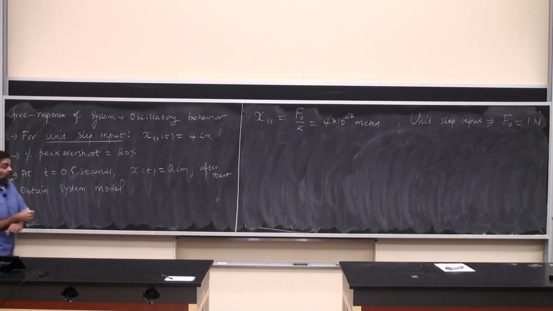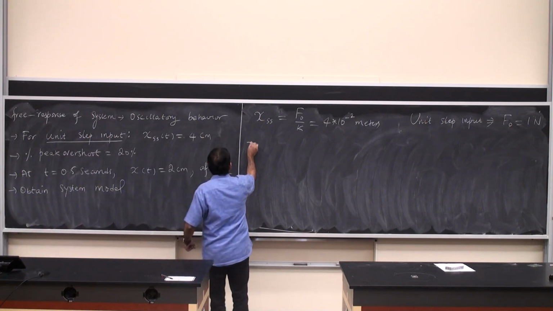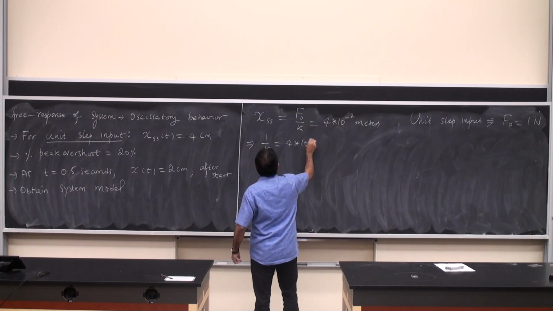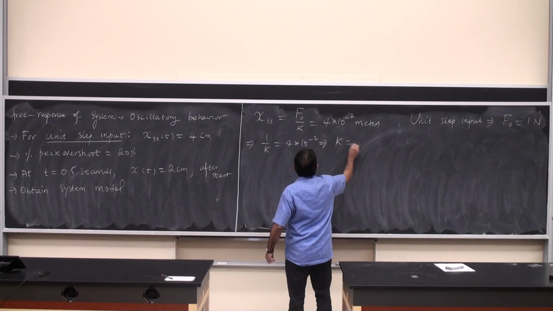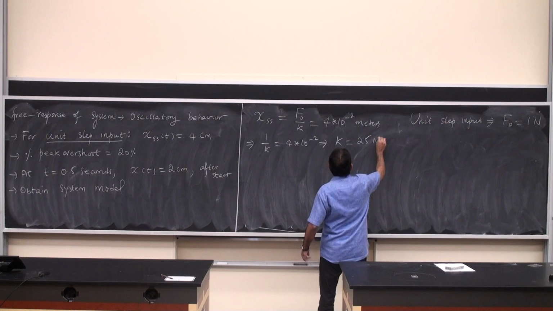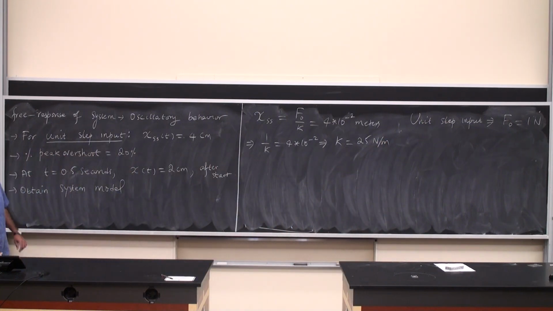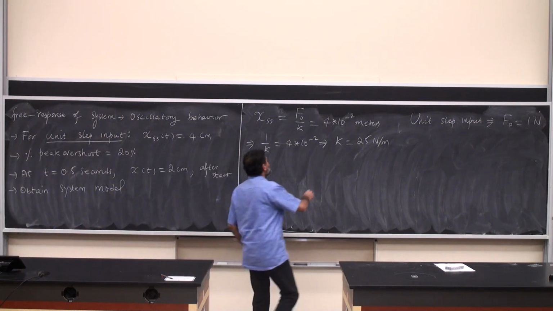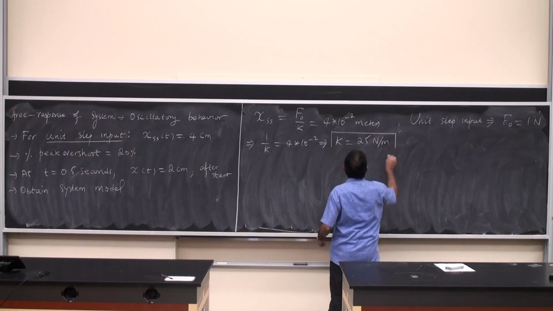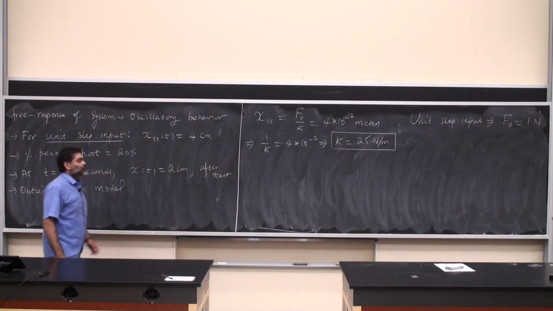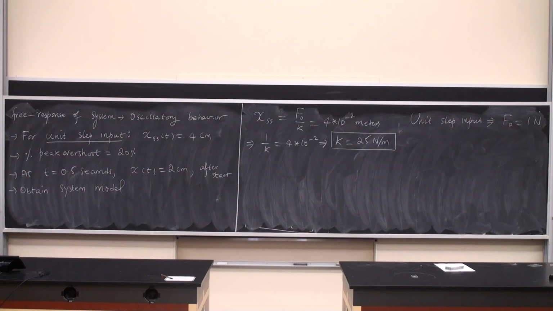And so I can find out K. So 1 by K equals 4 times 10 to the power minus 2, so K is 25 Newtons per meter. Right? 100 by 4, 25 Newtons per meter. So you're done with the first of these culprits. And then we write down whatever we know about the system after this.